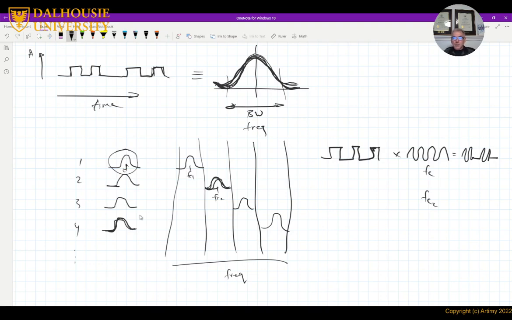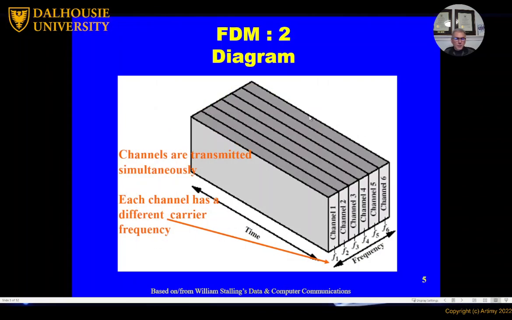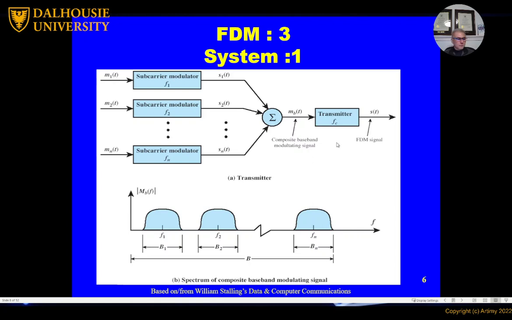The different carrier frequency is chosen to be in the center of the channel. So FC1 here, FC2 here, FC3 here, and I'll modulate each one of these signals with a different central frequency, different carrier frequency. So I will end up with something like this.